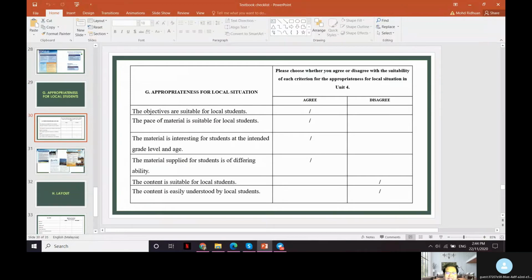We also believe that the material is interesting for students at the intended grade level and age. We also think that the material supplied for students is of differing ability. However, we believe that the content is not suitable for local students and is not easily understood by them. Let's take a look at a few screenshots of the contents in the textbook.